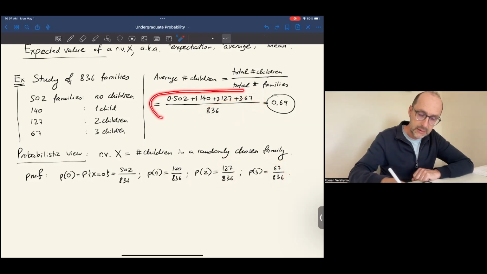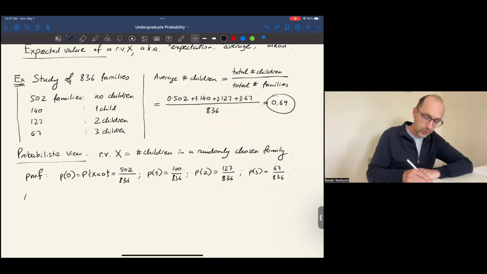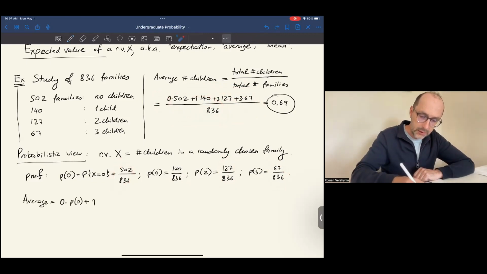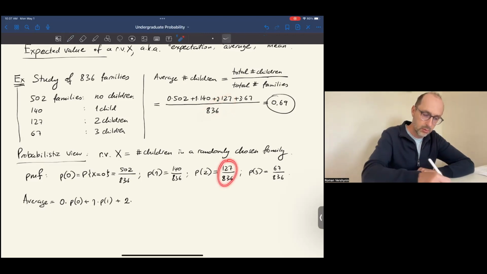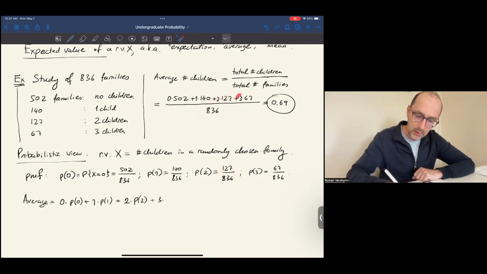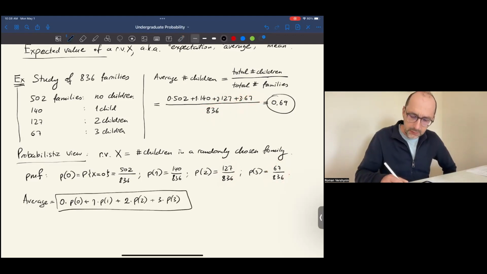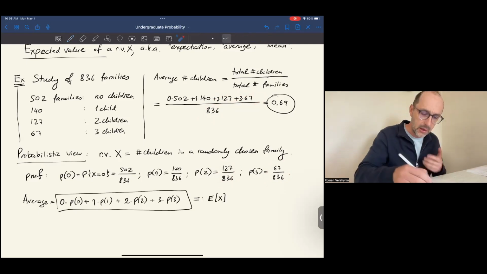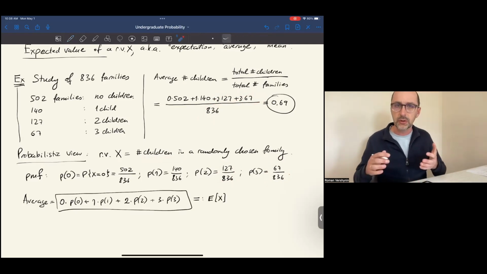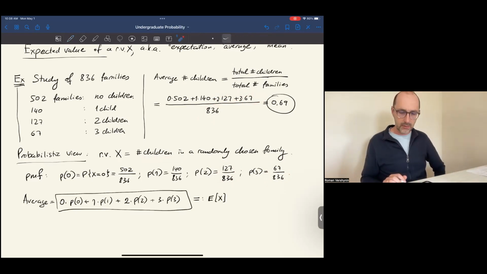So we can rewrite this formula for the average as 0 times this ratio plus 1 times this ratio plus 2 times this ratio plus 3 times this ratio. And that's what we may call the expected value of x, our expectation of the number of children when you choose a family at random.